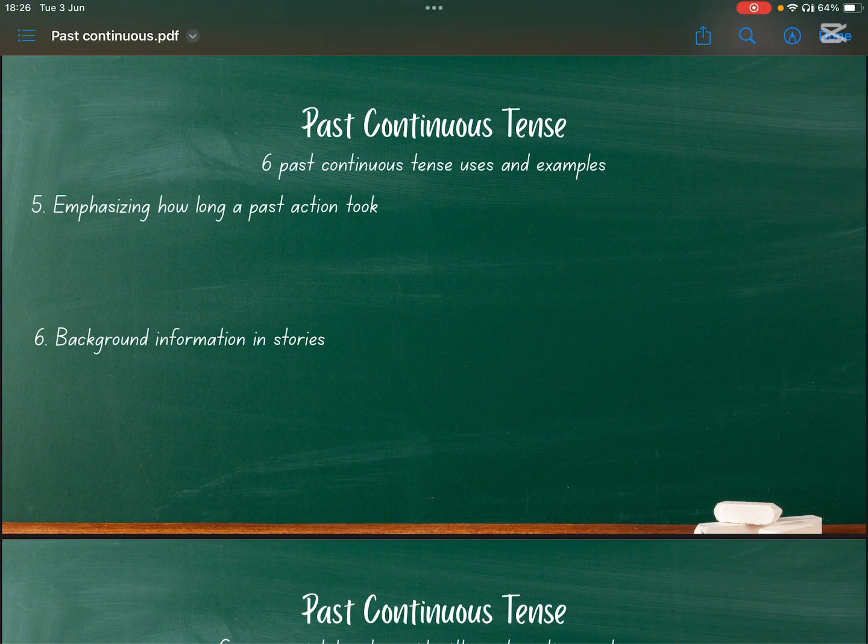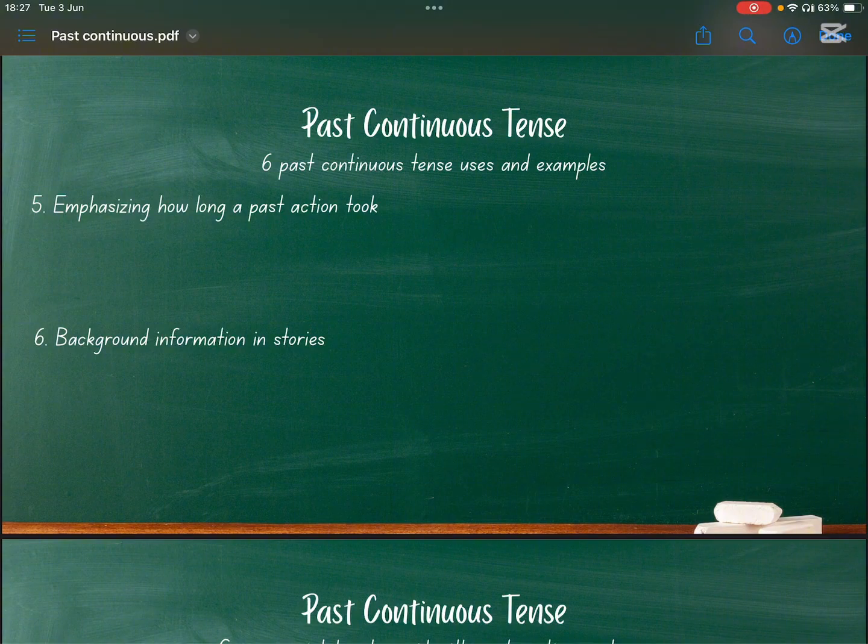Number 5, emphasizing how long a past action took. If you remember, this is also typical for continuous tenses, that they put the emphasis on the duration of an action. So use the past continuous tense to emphasize how long an action took, or how much time was spent doing it. This form usually uses adverb phrases that explain the length of time.